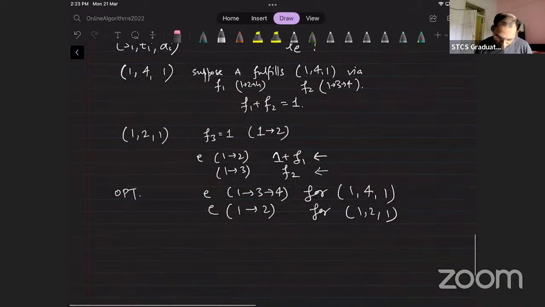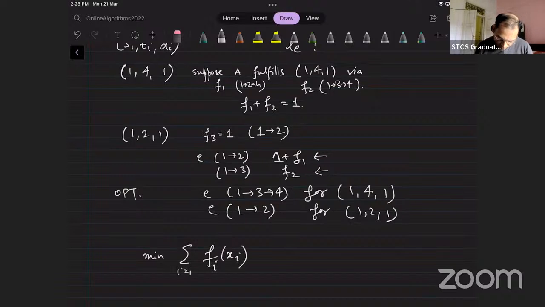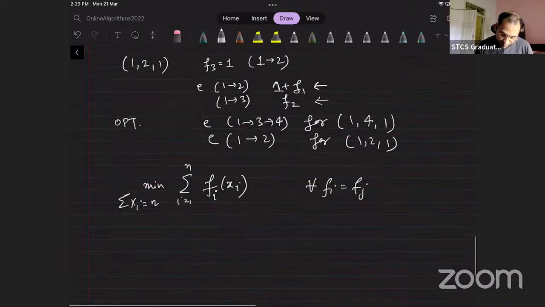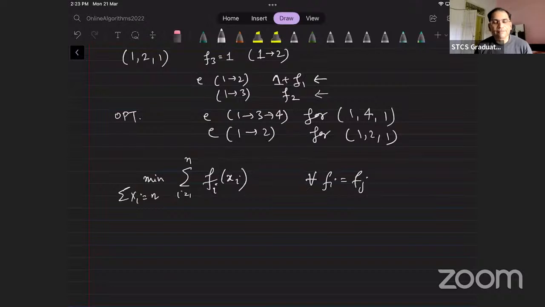So let's say you minimize the summation of f(x_i) from 1 to n, with summation of x_i equal to m, and let's say all f_i are equal to f. What do you think is the optimizer for f convex, where the x_i's are all equal?